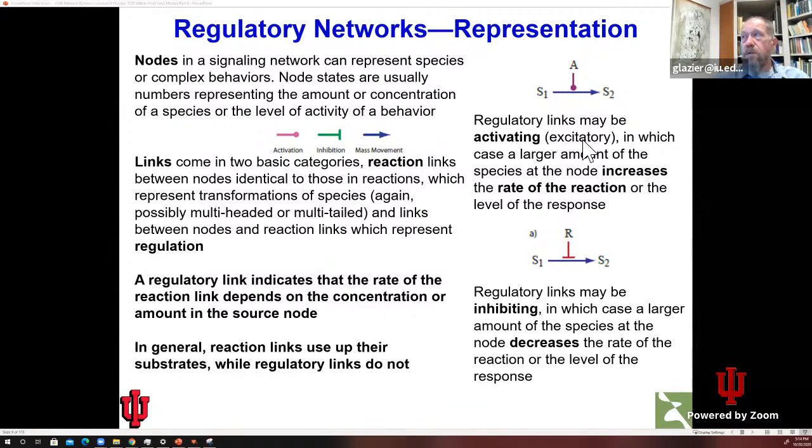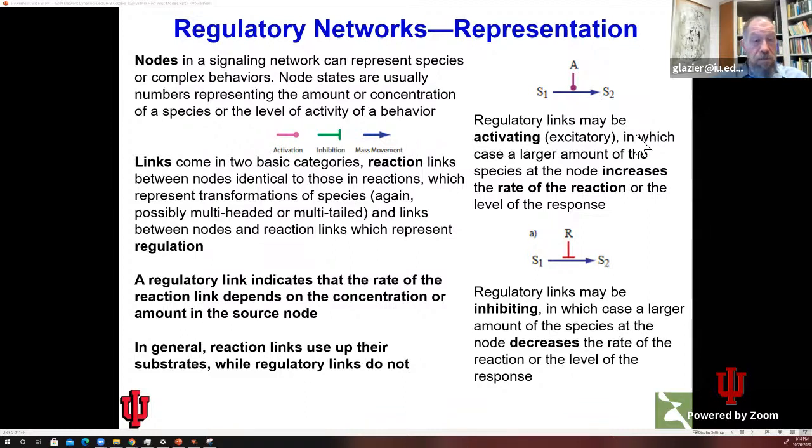The key difference between the arrow with a pointed end and the arrow with a lollipop or a T end is that S1 is used up to create S2. A is not used up in this reaction. It's just modulating it.